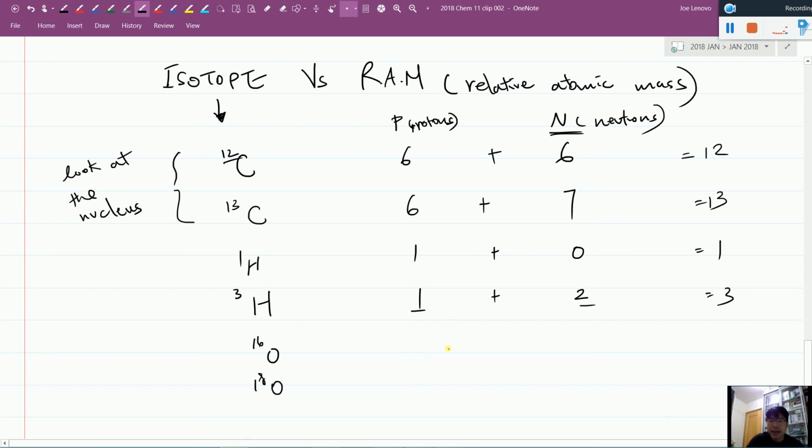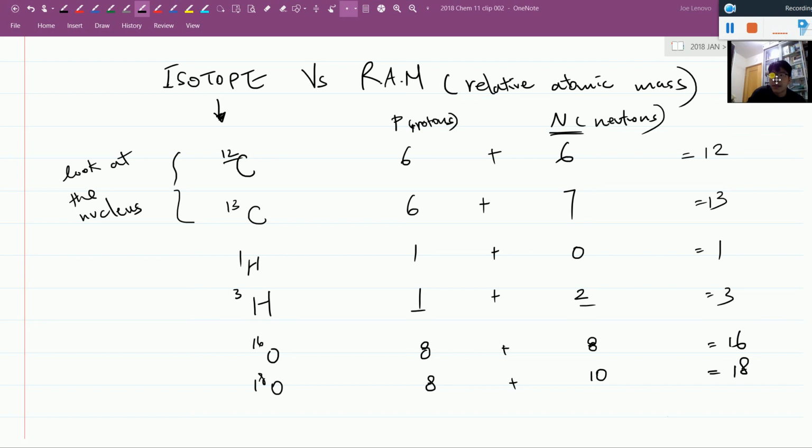For oxygen-16, the atomic number for oxygen is 8, so 8 plus the other number equals 16, and the other number has to be 8. Then 8 plus 10 equals 18. Let me move this across up here, I've got more room to write.